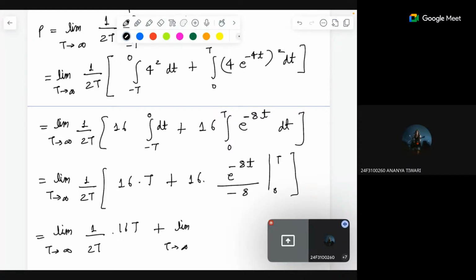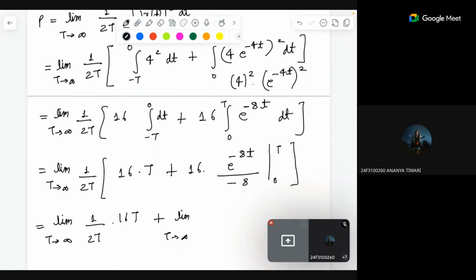But there is no j, so we will just square it. So 4 squared, e raised to the power of minus 4t, squared. In exponents, the power will get multiplied. So this is what we will get, right? Is this fine?